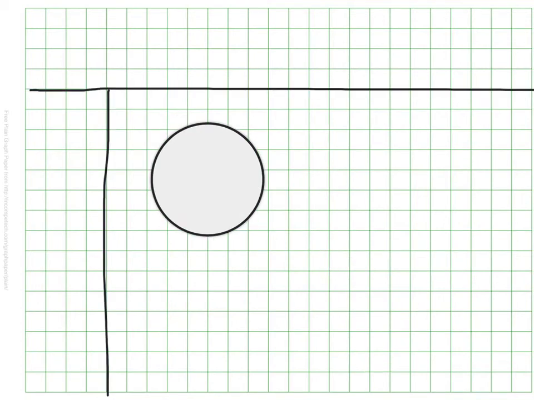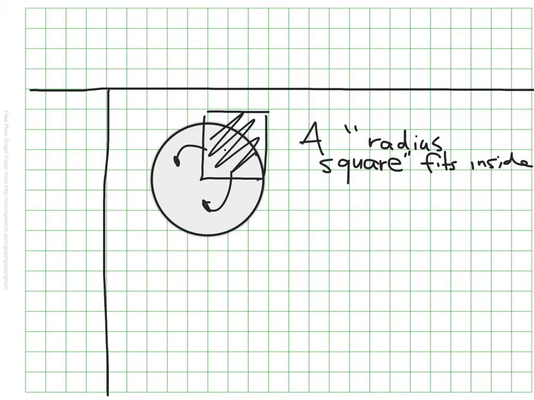Pi is also used when we're calculating area of circles. And as you may remember, a square, let's see if I can kind of sketch this for you, a square that's made from the size of the radius fits inside the area of the circle 1, 2, about 3 times. In fact, it's just a little over 3 times, and it fits 3.14, or pi, times.